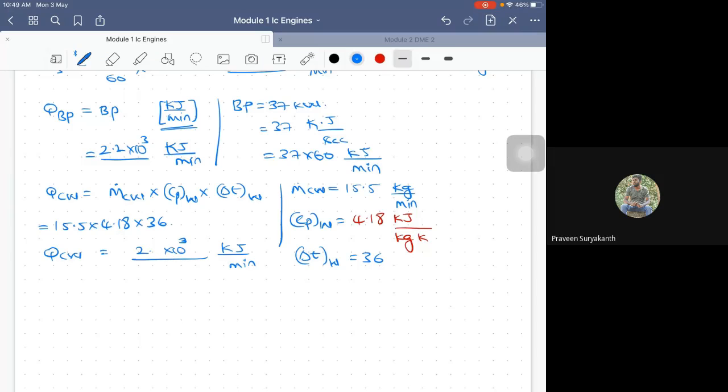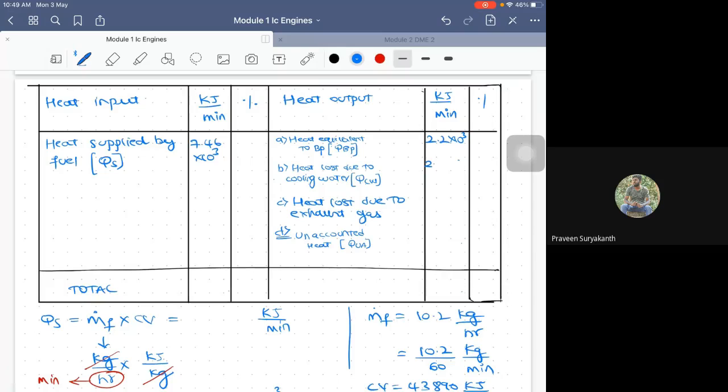Okay. Now same thing, you substitute in the table there. It is 2.3 something into 10 to the power of 3.